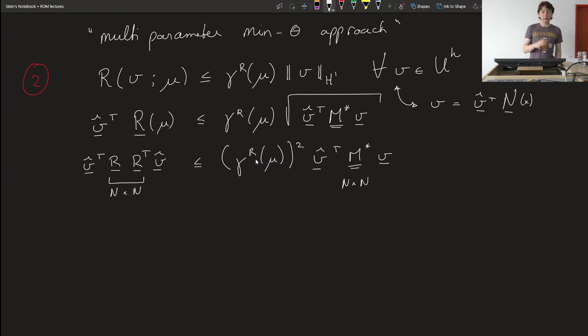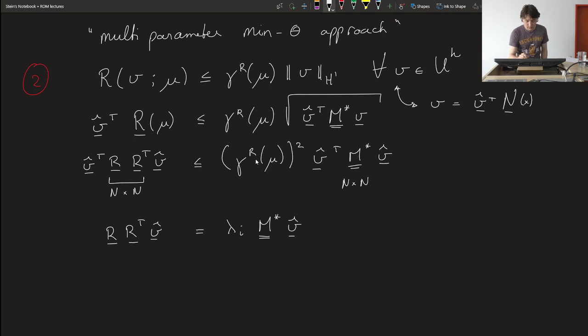And last time we looked at equations like this, and we saw that the stability values that we're looking for are actually solutions to the eigenvalue problem that this corresponds to, and this generalized eigenvalue problem looks like this: R transpose v hat is equal to lambda I times M star v hat.